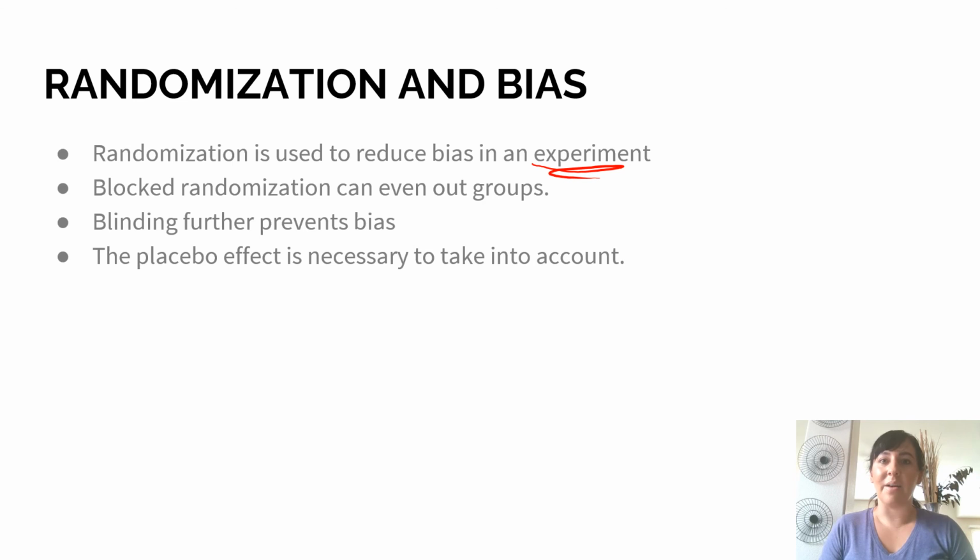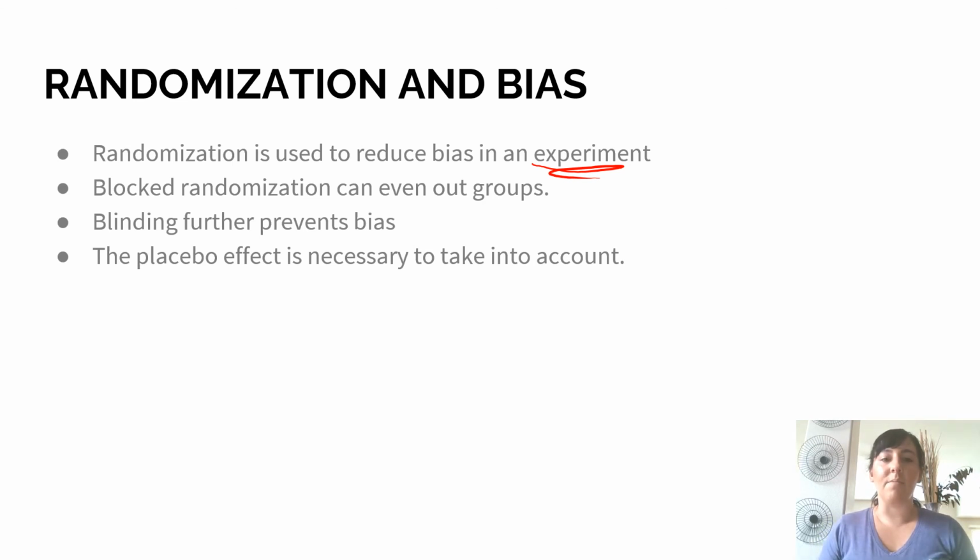And if we have any additional physicians helping with the experiment, they don't know either, so they can't spill the beans, and their observations and opinions will not be biased. So it's good to do some sort of blinding.